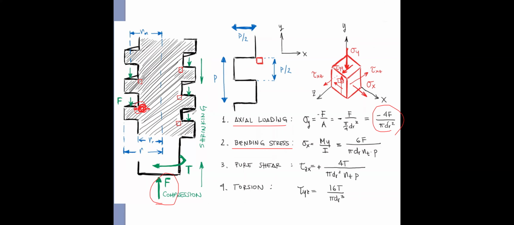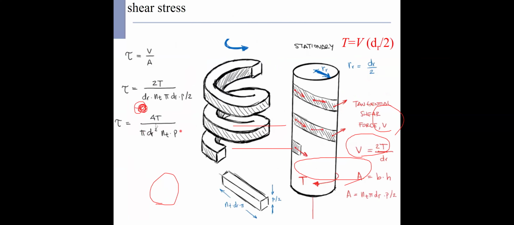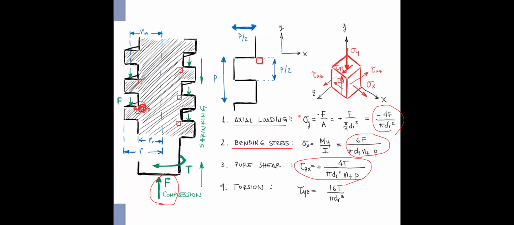Then the pure shear, which is defined at the interface between the thread and the shaft. And the final one is the torsional shear.